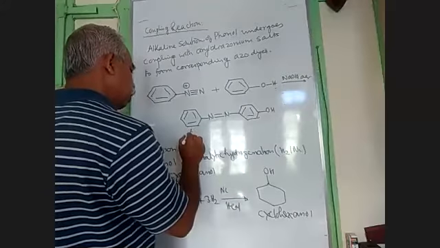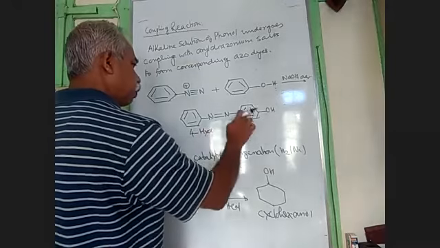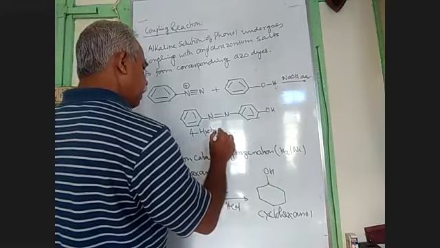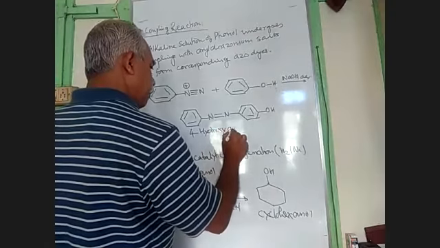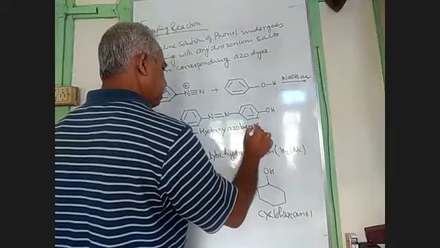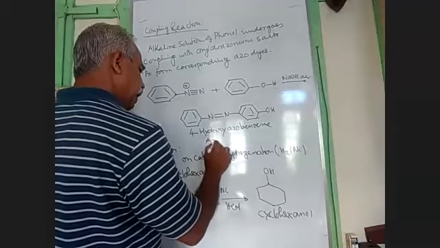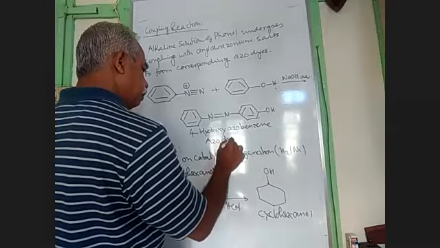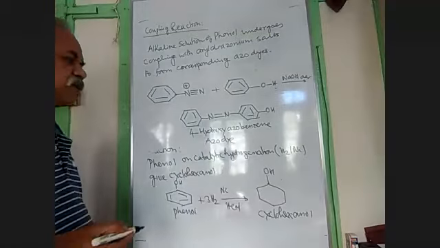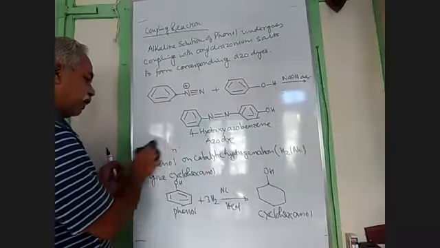Okay, so we'll call it 4-hydroxyazobenzene. It's a brilliant red dye, and this we call an azo dye. Please, for your reference, remember any compound which contains a nitrogen-nitrogen double bond is a colored substance. So this is buy one get one free.